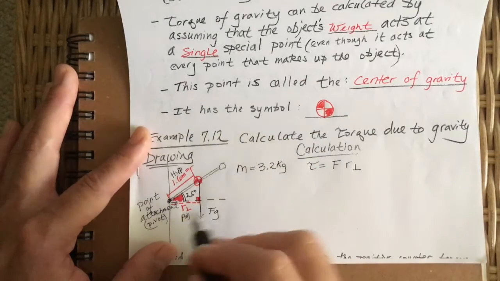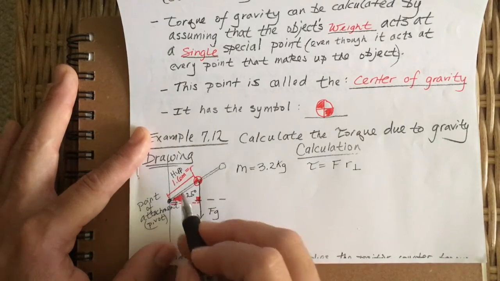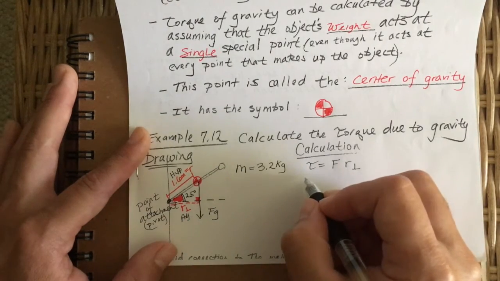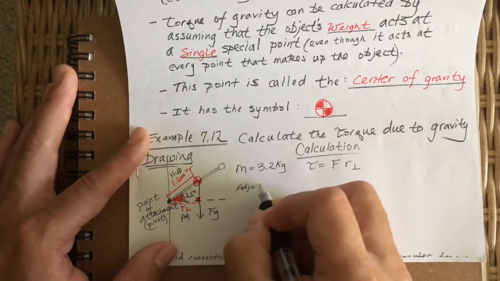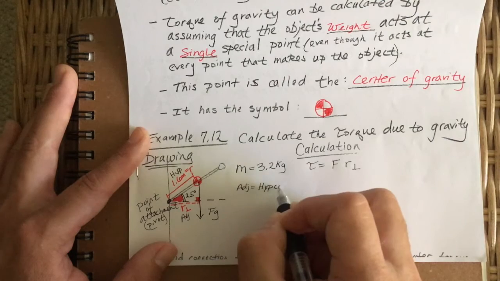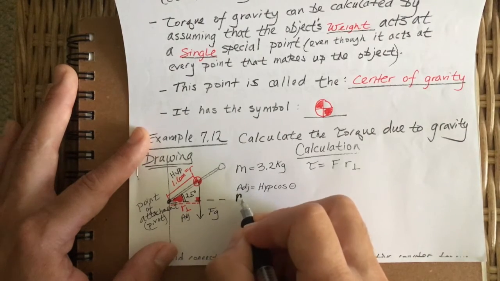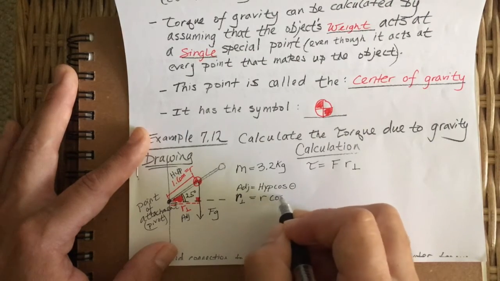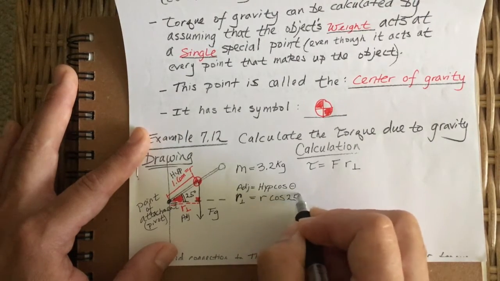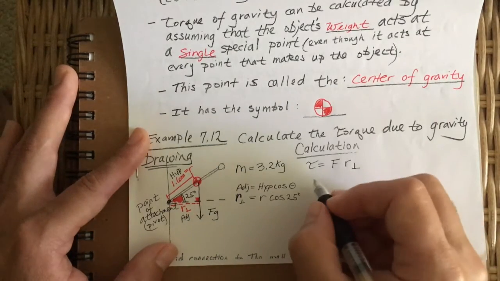And we know R perp is an adjacent, and the adjacent is equal to the hypotenuse times the cosine of the angle. So I can go ahead and write that down really quick. And so I can rewrite that as R perp is equal to R times the cosine of 25. And then F we're going to see is Fg.